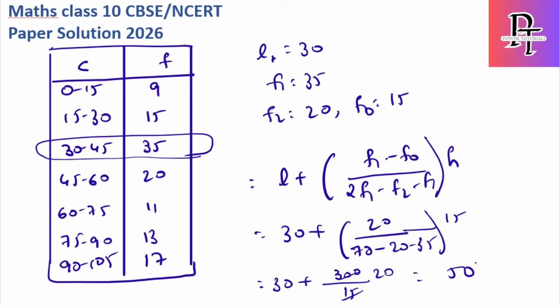Okay, a small correction. The formula is 2F1 minus F0 minus F2, not F1. So F0 is 15, so 70 minus 35, I'll get a value of 35.